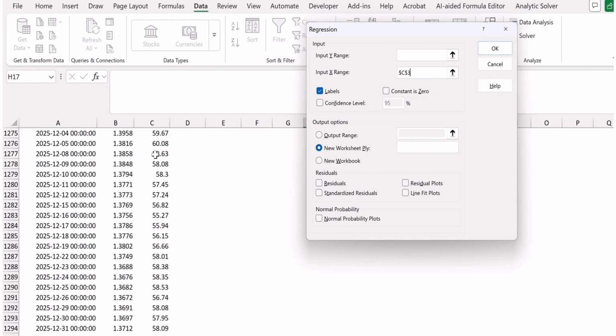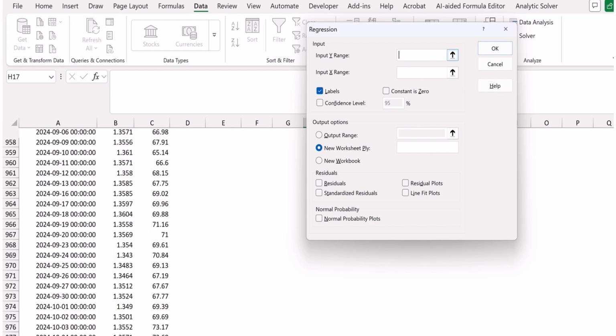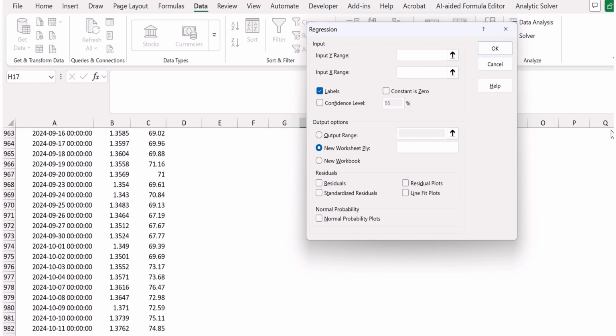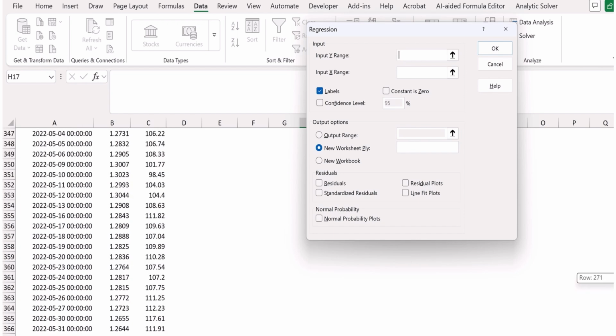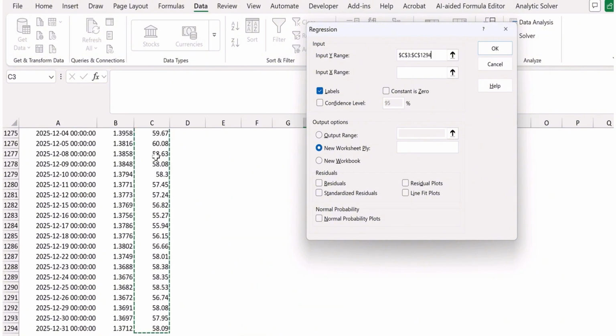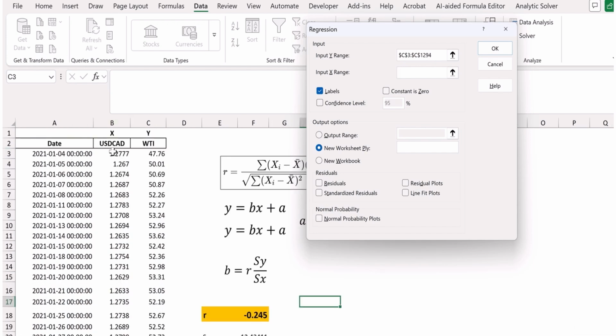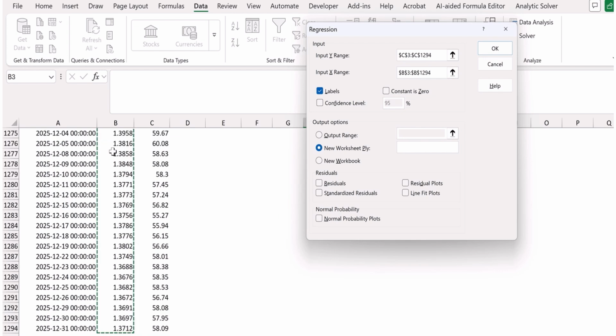Oh, sorry, the Y is the crude oil, right? And the X is the Canadian dollar. There we are. And it will be shown in a new worksheet.